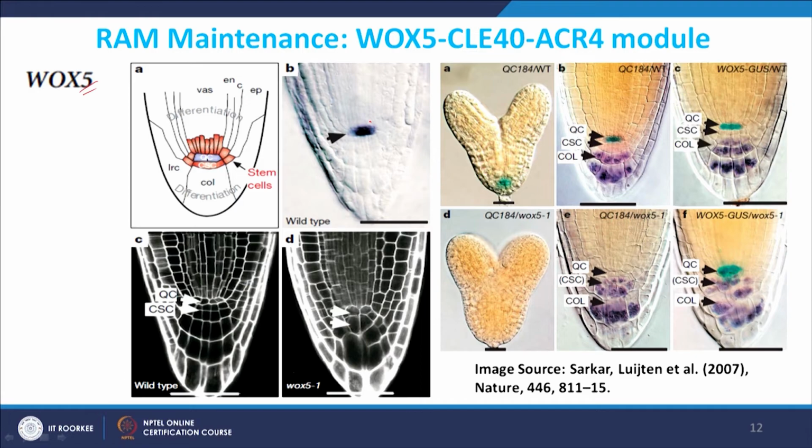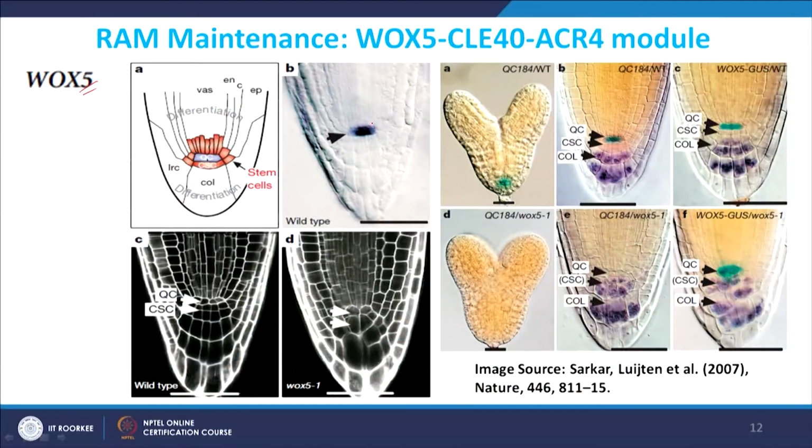We will go one by one through the interactions. If you recall our previous few classes, where we discussed in detail what kind of approaches we are taking to study this, now here you are going to learn how those approaches have been used and how the data has been interpreted to understand a particular developmental pathway.